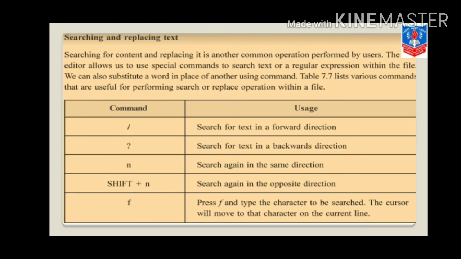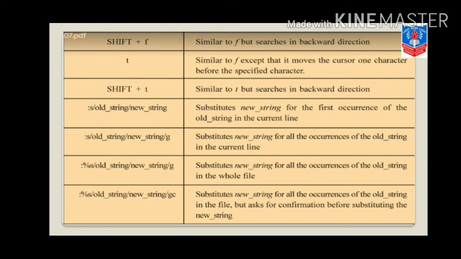Okay, so this table shows you various commands which are useful for performing search और replace operations within the file. Let's say कोई word हटा के हमें computer हटा के उसकी जगह desktop use करना है, तो this is search and replace, children. So in that way, how we are using searching and replacing text in our file in Vim editor. So there are several commands and their uses are given in these two images. Just go through nicely to them.